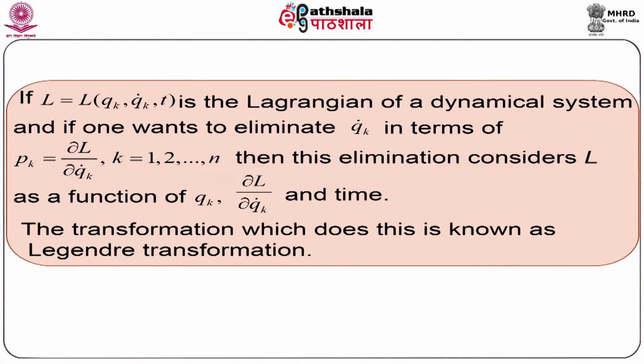If one wants to eliminate the generalized velocity qk dot in terms of generalized momenta pk, then this elimination considers the Lagrangian as a function of qk and del L del qk dot with time. The transformation which does this mathematically is known as Legendre transformation. So, Legendre transformation helps us to obtain the Lagrangian in terms of generalized coordinate, generalized momenta and time.